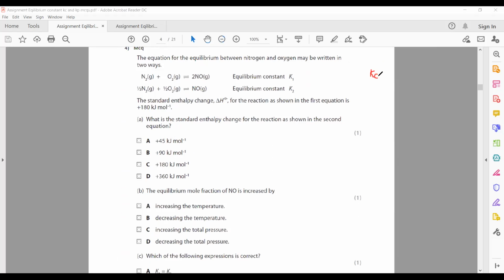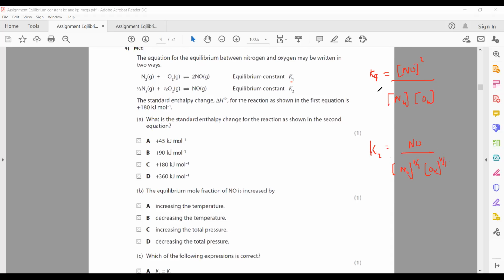When I write Kc for the first reaction, it is NO square divided by N2 concentration and O2 concentration. For the second reaction, I will call the first K1 because the equilibrium constant is K1. So K2 is equal to NO over N2 raised to power half and O2 raised to power half.